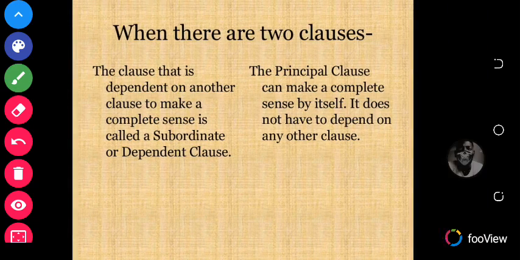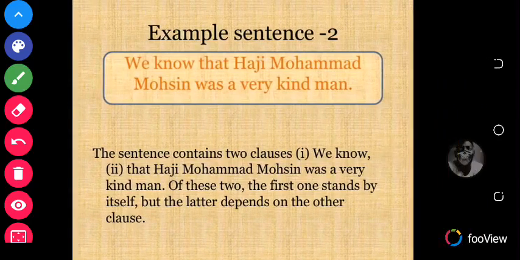When there are two clauses, the clause that is dependent on another clause to make complete sense is called a subordinate or dependent clause. The principal clause can make complete sense by itself. It does not have to depend on any other clause. Let's look at an example. We know that Hajj Muhammad Mohsin was a very kind man.